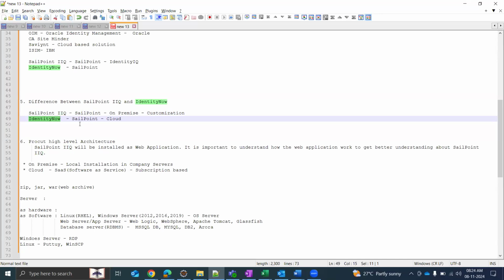But in Identity Now, you may have to go to the admin module, applications, connection, something like that. Such options and terminologies will vary, but the end goal and concepts are the same. As I said, 80 to 90% will be the same.